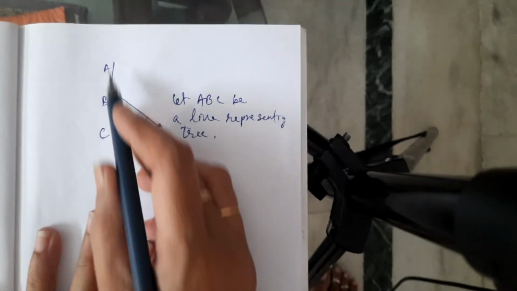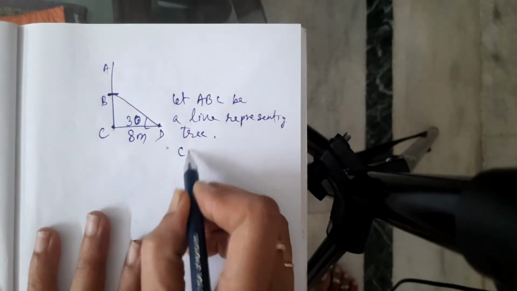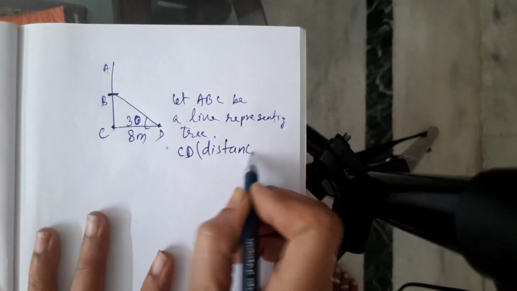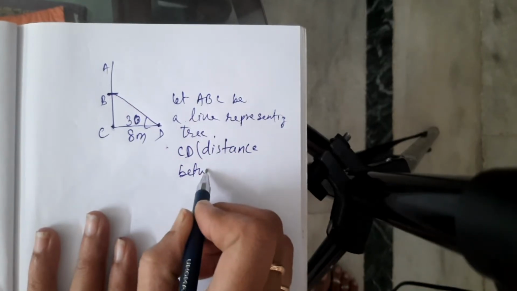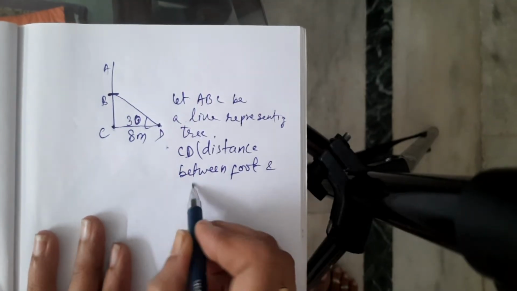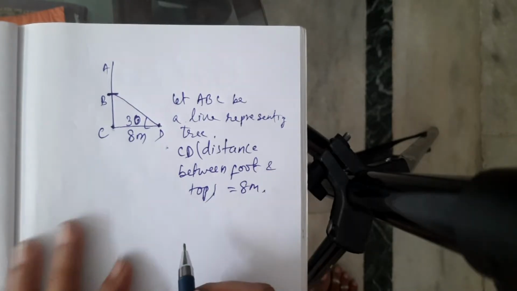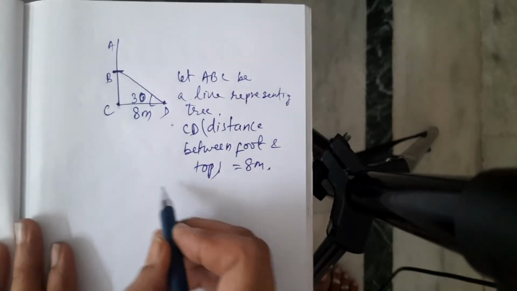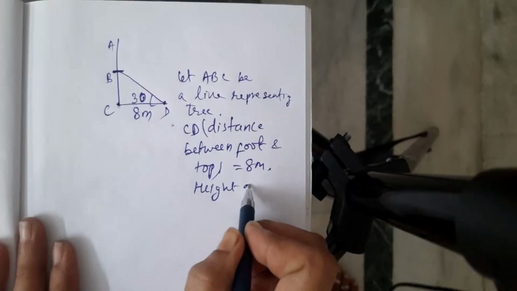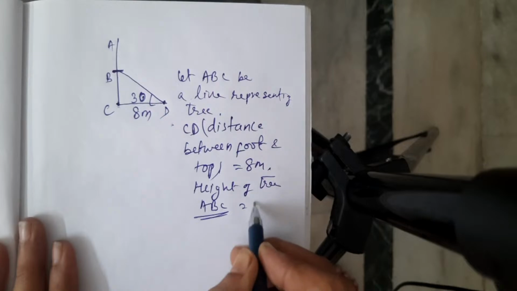Already ABC is taken, so let it be D, and CD is the distance between the foot of the tree and the top, which is 8 meter. We need to find what is the height of the tree. Height of the tree, that is the ABC value, is question mark.